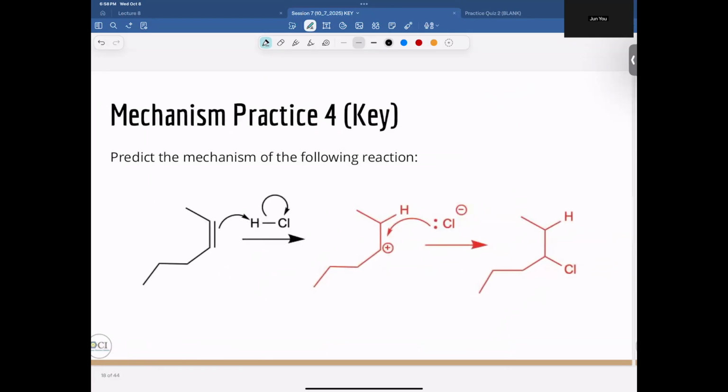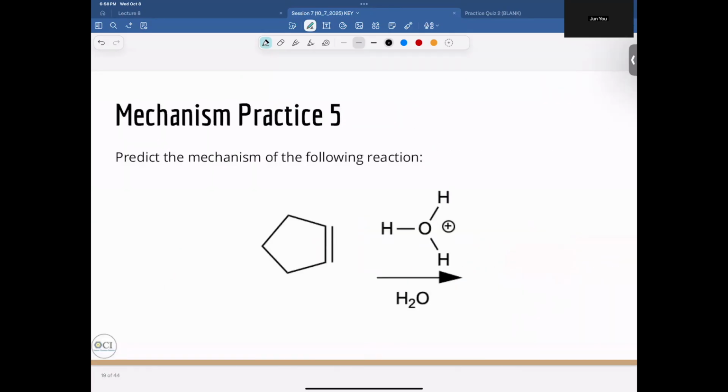All right, I'm gonna have you draw the mechanism of this reaction. All right, let's go ahead and go over this. So first step, we're gonna do a proton transfer like that, and that will form this.